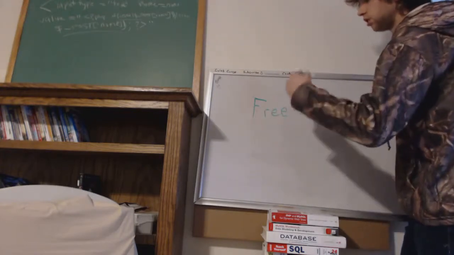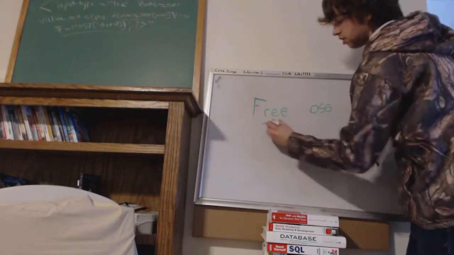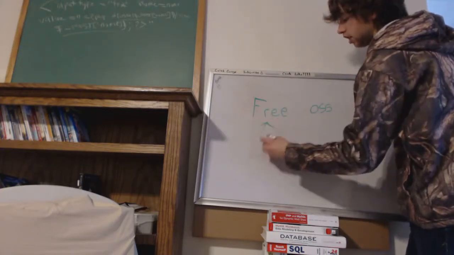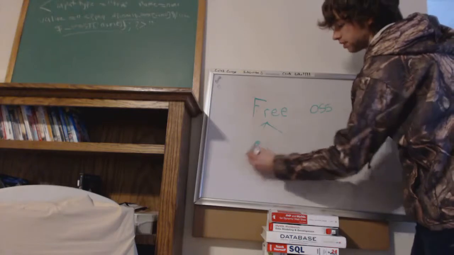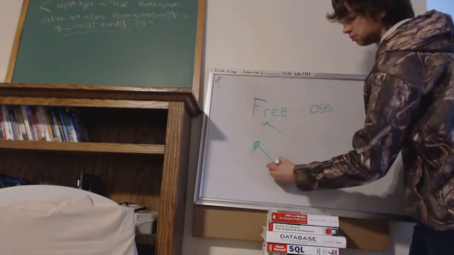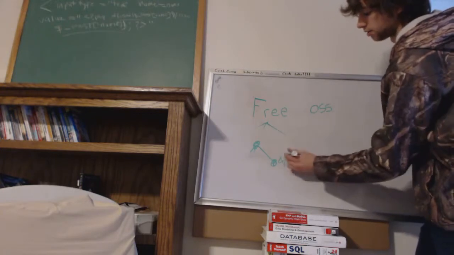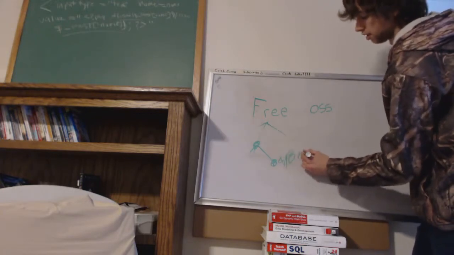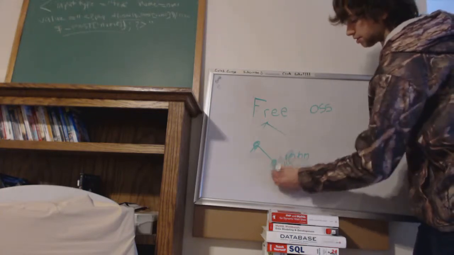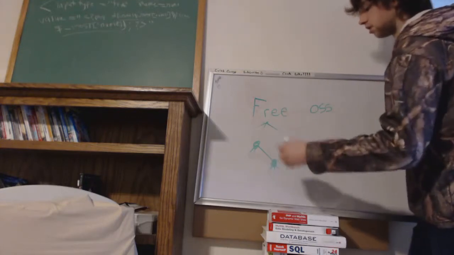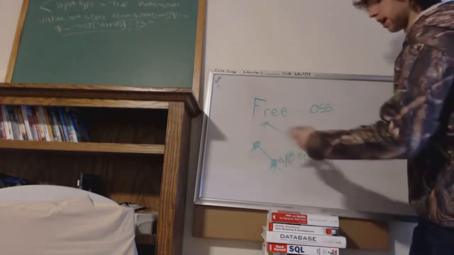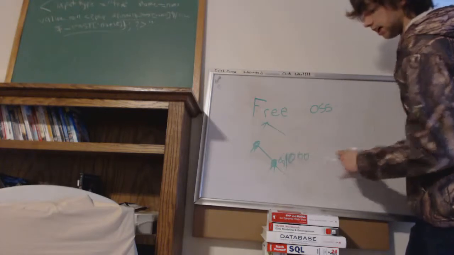For example, you can redistribute it. You can send it to all your friends. You can modify it and then redistribute it to all your friends. You can modify it and then sell it for a price, such as $1,000, for example, which is a lot of money. And then you can redistribute it. You can also do other stuff with it that the license is going to specify.